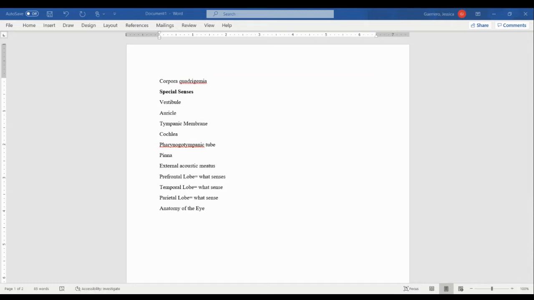And I think that may be it. Already said that. I'm going to add one more term to ear. Oh, I have a nerve question too. Let me add a term to ear, the semicircular canals.